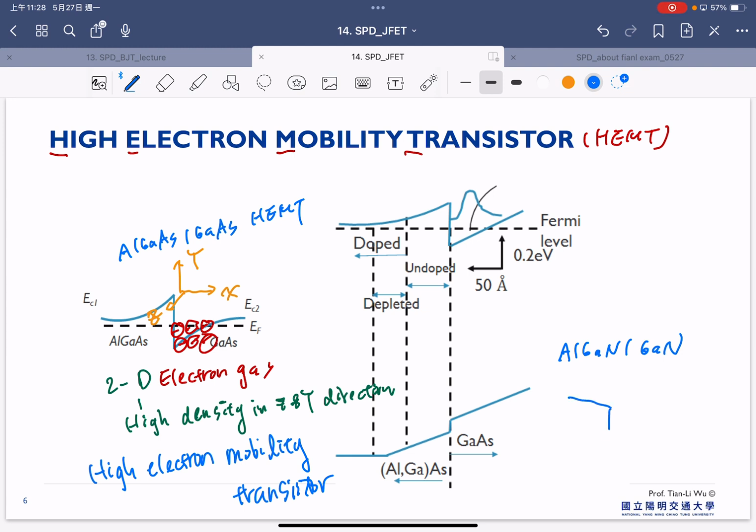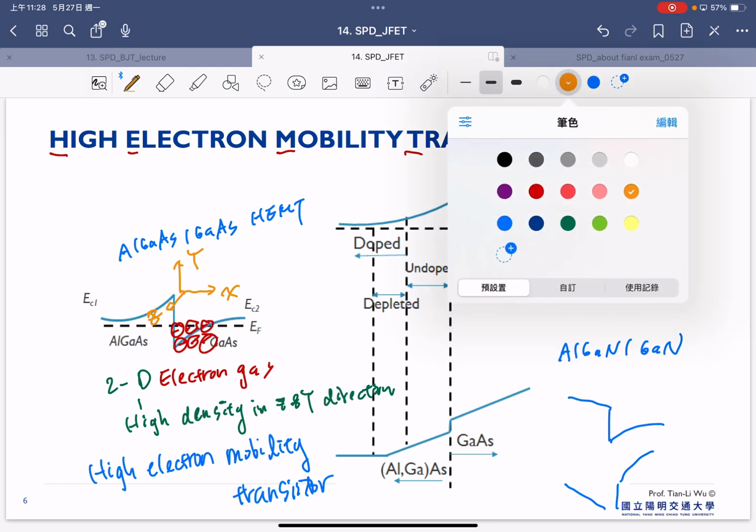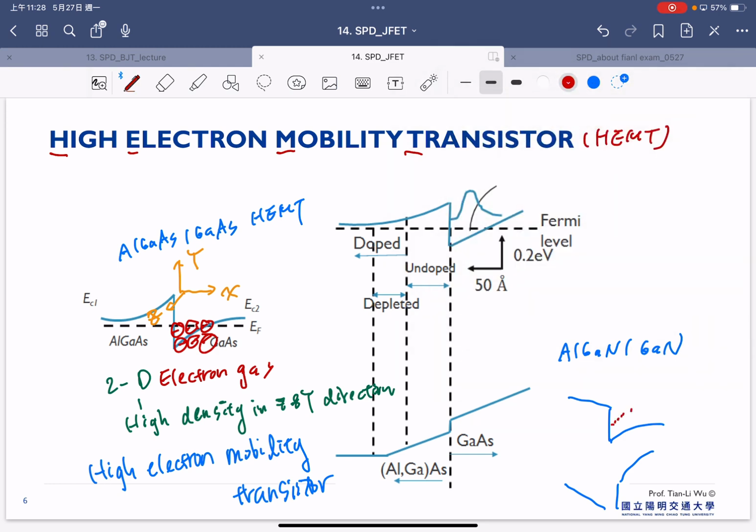So in gallium nitride, aluminum gallium nitride versus gallium nitride, we also have this very strong 2DEG between AlGaN and GaN. This is because the Fermi energy here is above the conduction band.